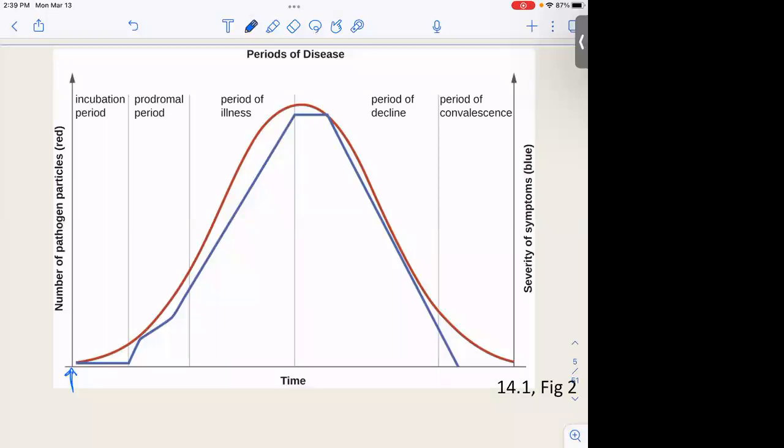Typically, there's going to be a period referred to as an incubation period, where the pathogen is dividing, but there's not enough of it in the host yet to be causing any symptoms. No signs or symptoms.